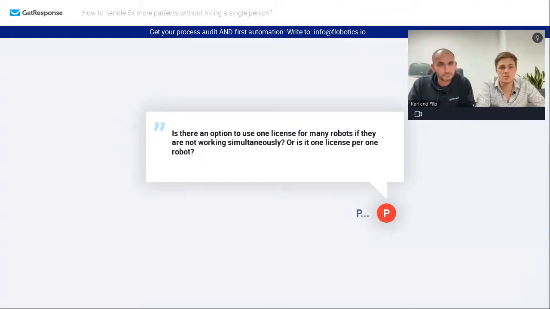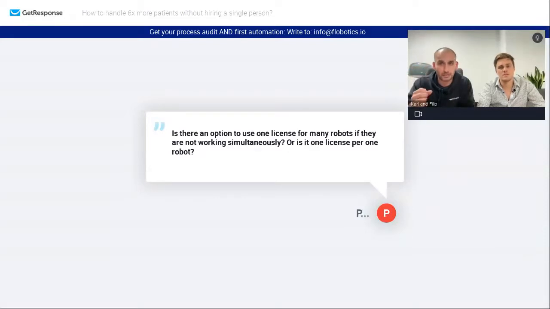There's another one. Is there an option to use one license for many robots if they are not working simultaneously? Or is it one license for one robot? That's a super smart question. This is a great question. So one robot does not mean one software bot. Basically it's one computer, and you have 20 hours of runtime.